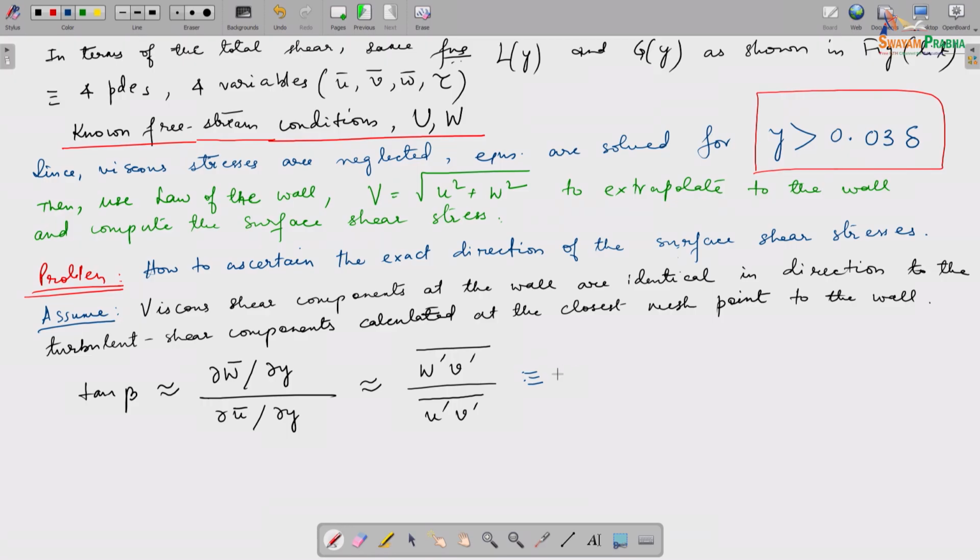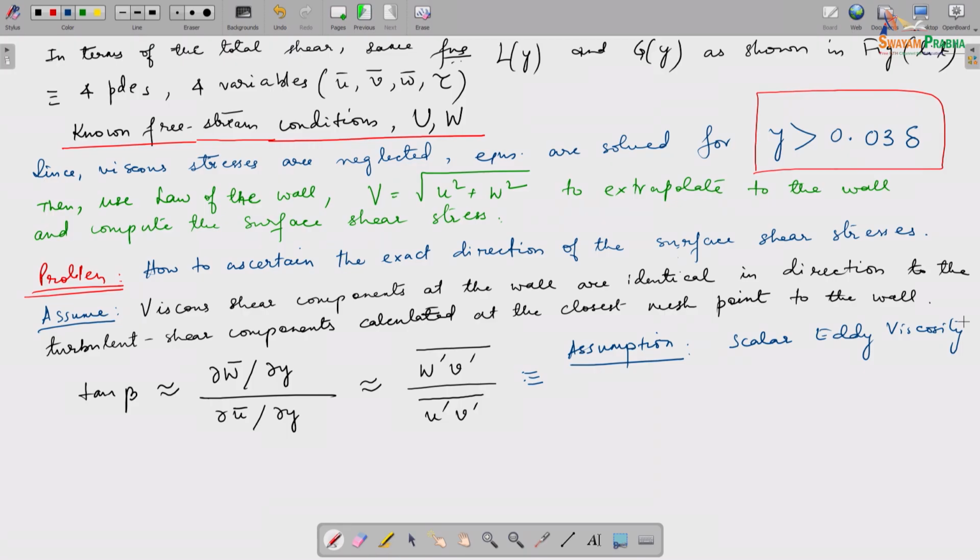So this basically means that the assumption is that of a scalar eddy viscosity.